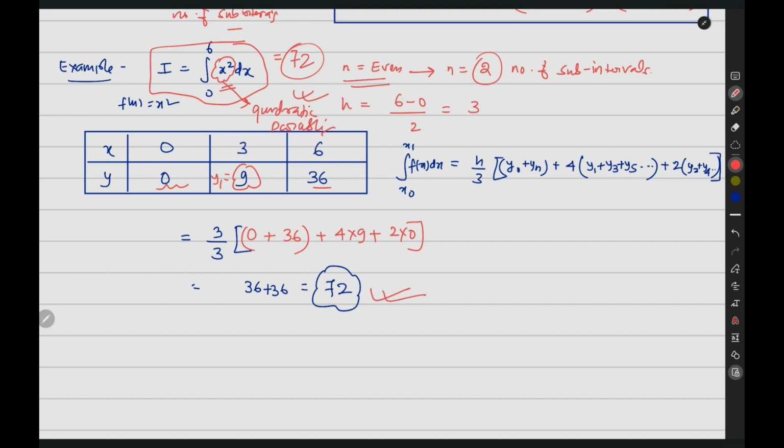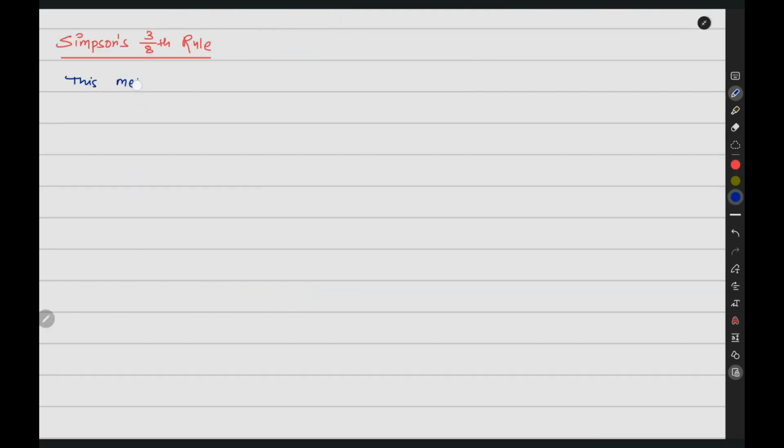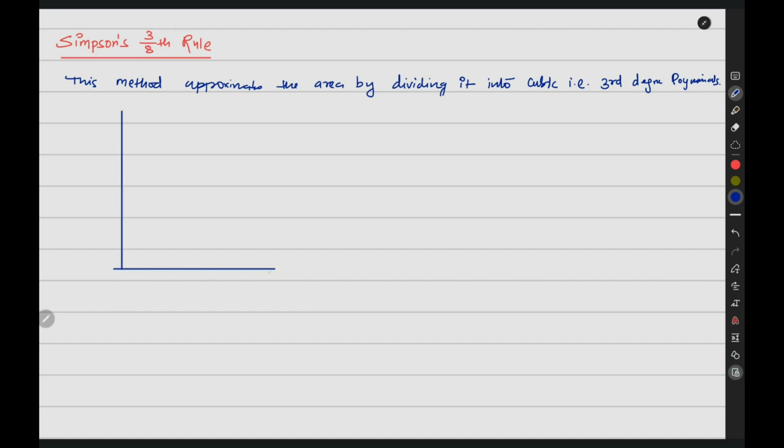Now moving to the next method. This method approximates the area by dividing it into cubic, that is third degree polynomial. So now we will understand with the help of a diagram. Suppose that we have this graph.